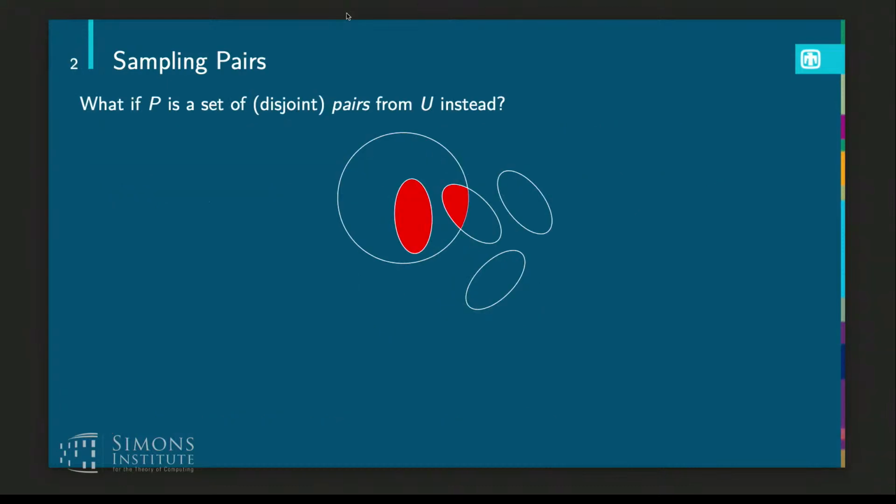Okay, so we know how to solve this problem, but what if I make it a bit harder? Instead of having P be a set of singleton elements, I'm going to have P be a set of disjoint pairs from this universe U. And again, what I want to be able to do is estimate how much of the set S is covered by these pairs in P. And if it's a large enough fraction of S, I also would like to be able to return one of these pairs P at random.